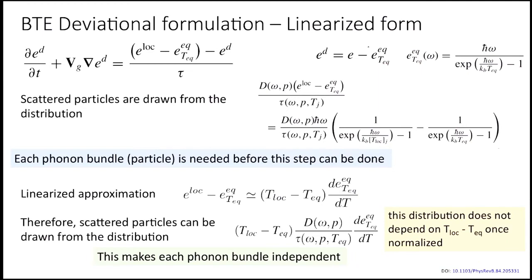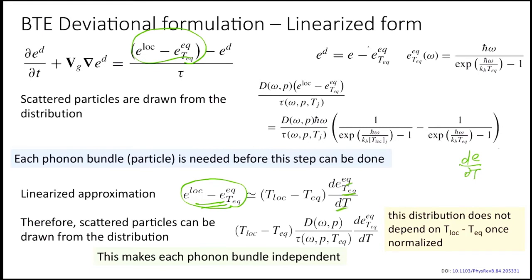Okay, so how do we go about it? We could think of it as E log minus E equilibrium at T equilibrium. If these two are fairly close to each other, if T log and T equilibrium are not so different, we could make an approximation, a linearization of this term. We could write it as d by dT, taken at T equilibrium.